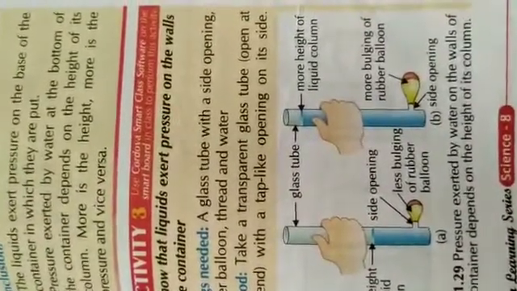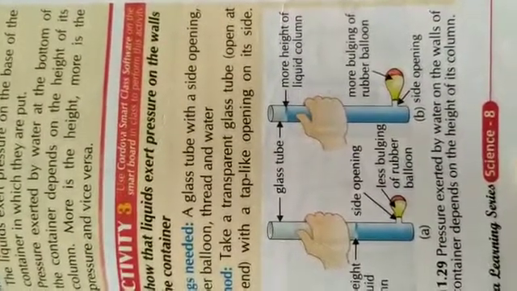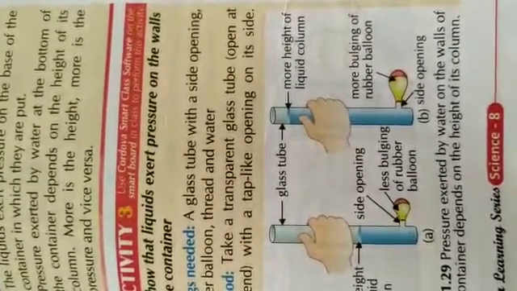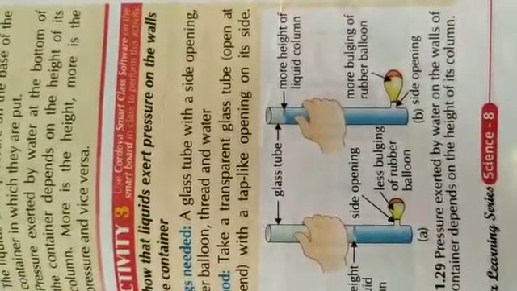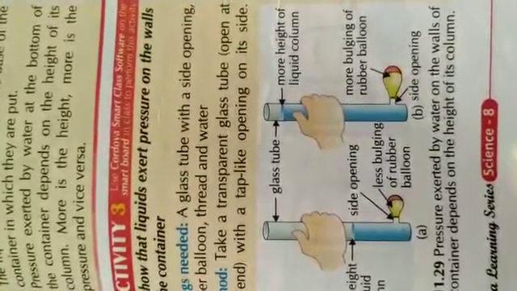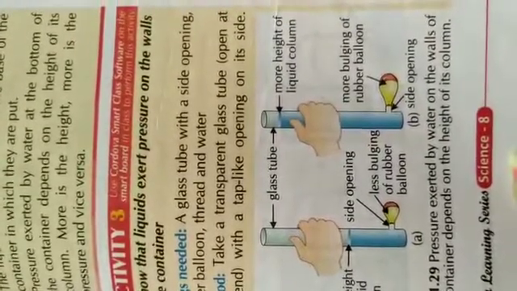At the opening you tie one rubber balloon with the help of thread. Now hold the tube in the middle in a vertical position and pour water into the glass tube. You observe that the rubber balloon bulges outward.